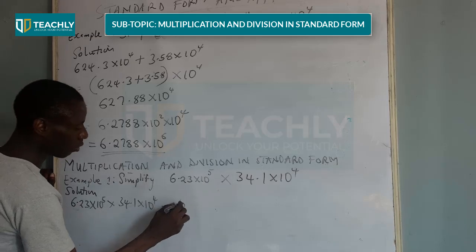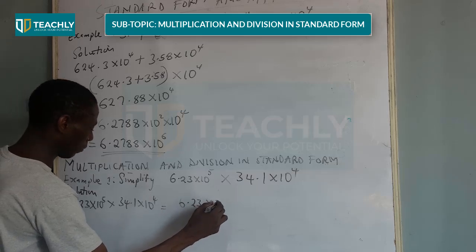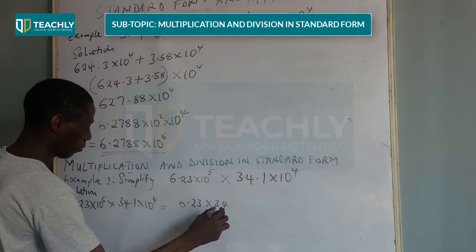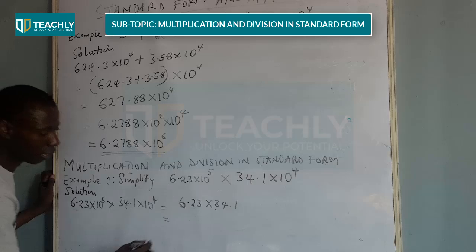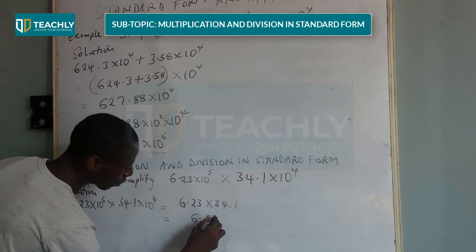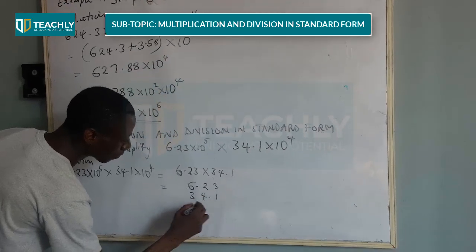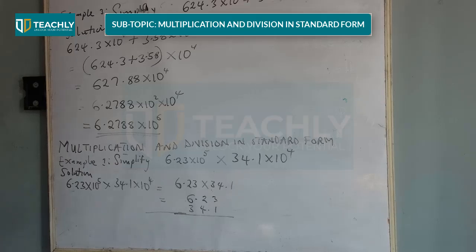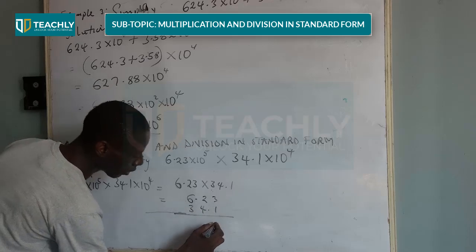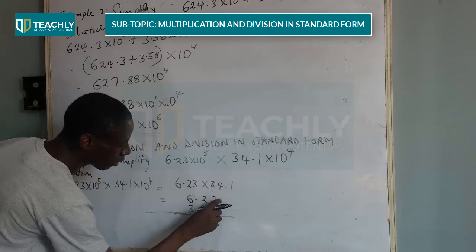That is 6.23 times 34.1. Here we have 6.23, then we have 34.1. So here, let's do our normal multiplication. 1 times 3, we have 3. 1 times 2, 2. 1 times 6, we have 6. 4 times 3, we have 12.